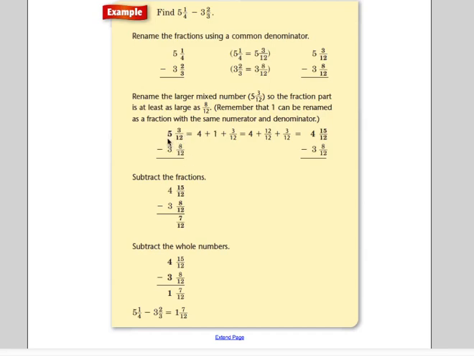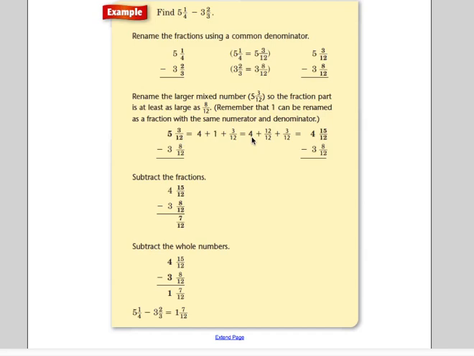Remember, we can take 1 from our whole number and rename it as a fraction with the same numerator and denominator. Since we're talking twelfths here, I know that 12/12 is equal to 1. So I can take 1 from my 5 and I can add it over here as 12/12.